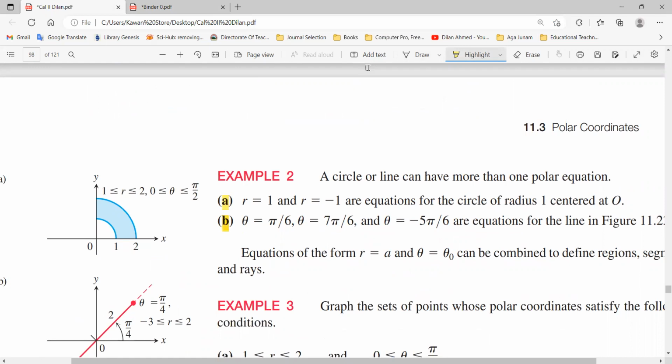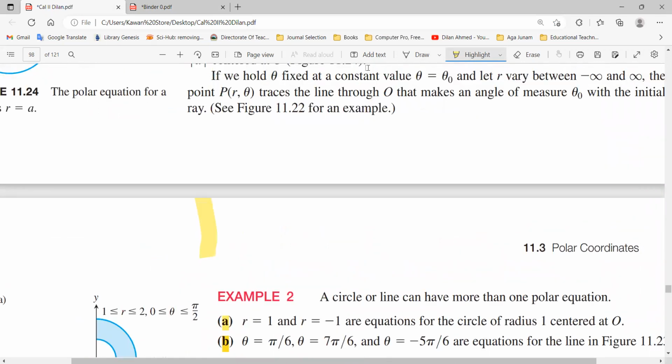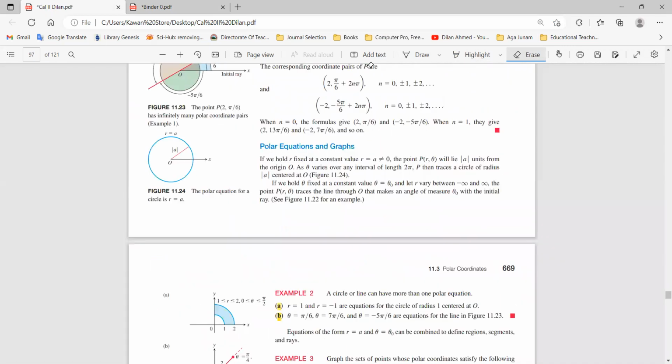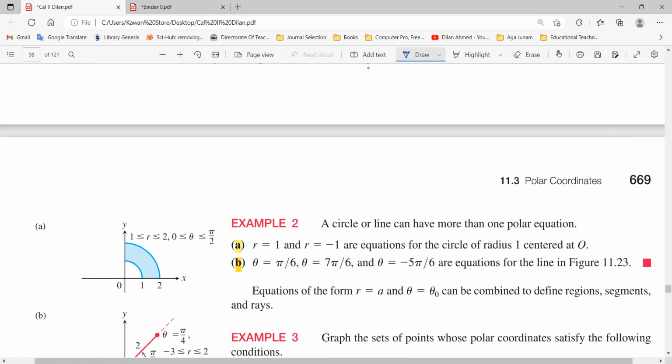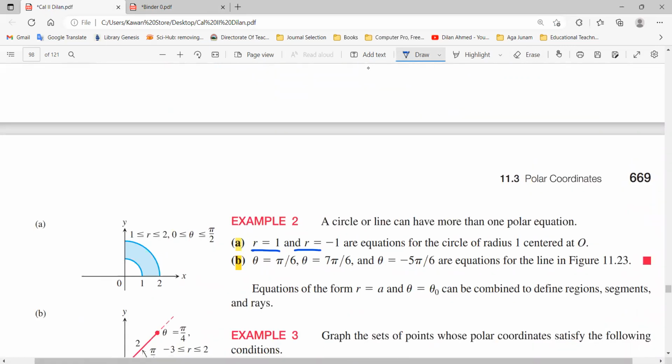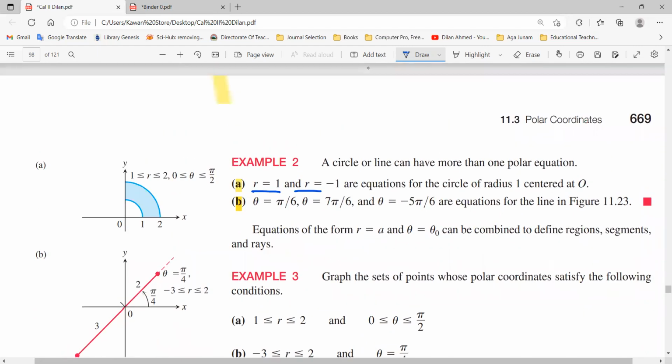You see that in general, if r is equal to a number, we have a circle. Look at here. If r is 1 or minus 1, we will get a circle.